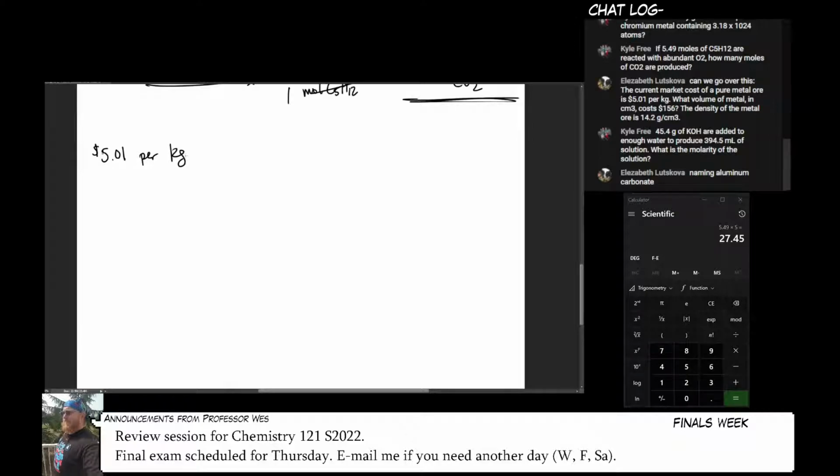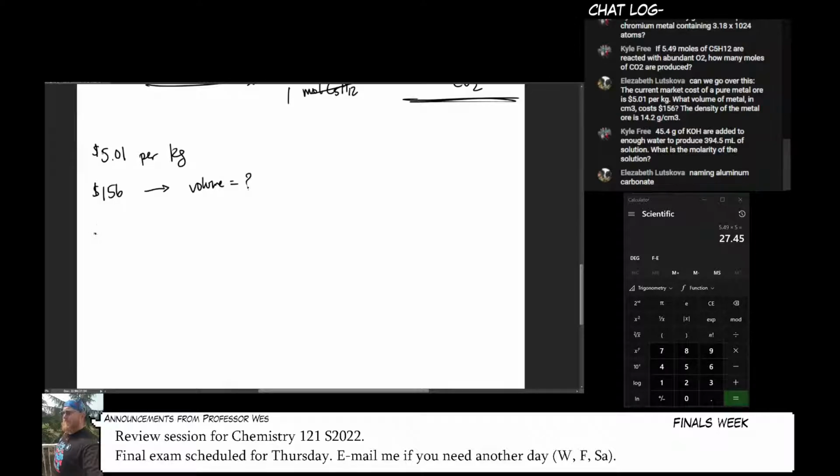So this is the metal I'm buying. I have this much money available. And I'm trying to figure out what volume I can buy of that metal.